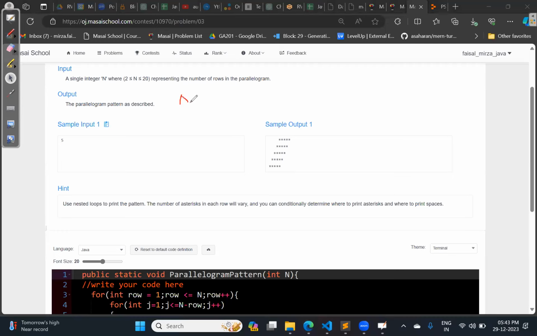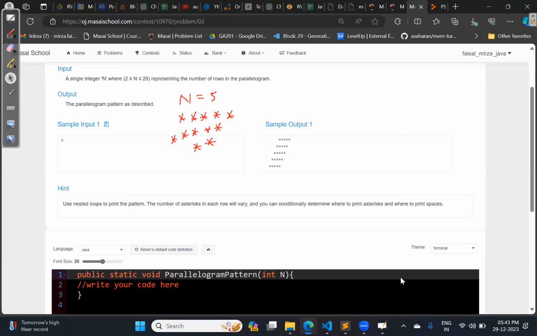So there is the n whose value is 5. So 1, 2, 3, 4, 5. Then we have to shift towards the left. 1, 2, 3, 4, 5, by one star. Okay. Let's do one thing.